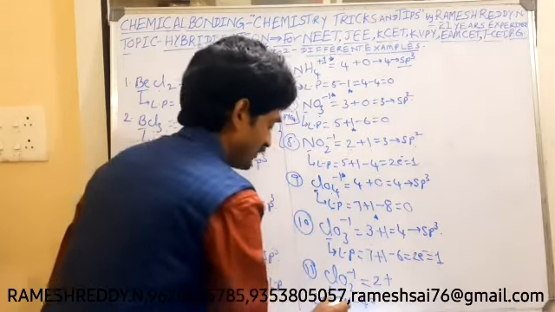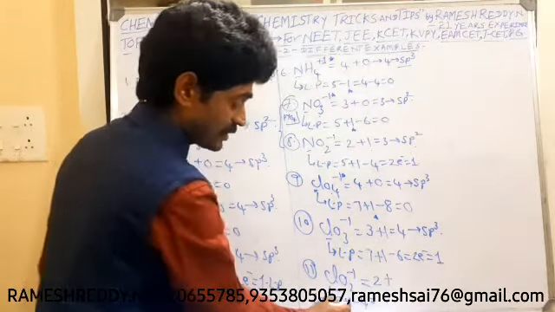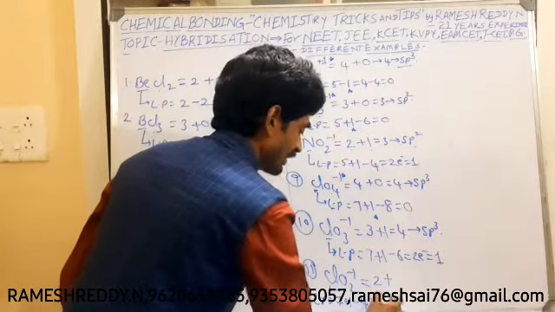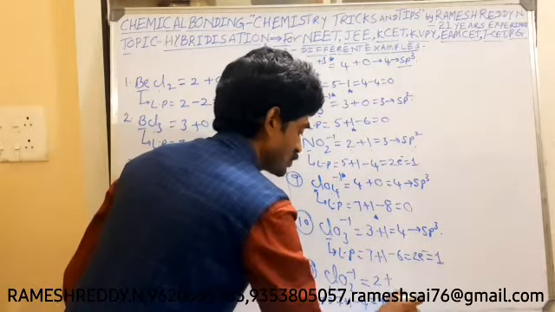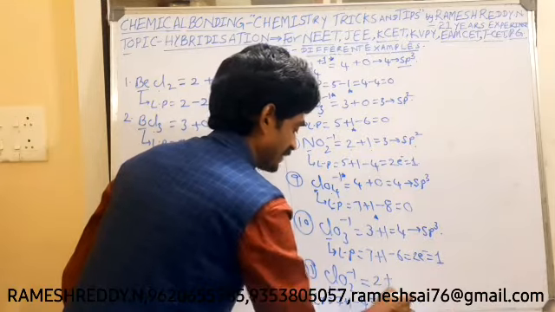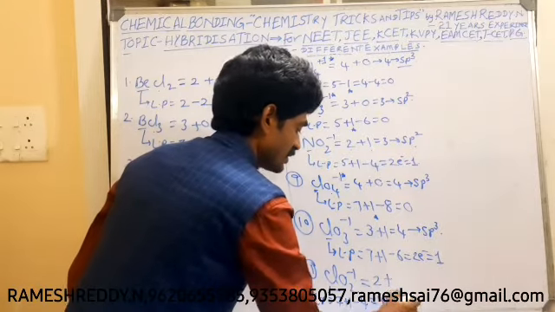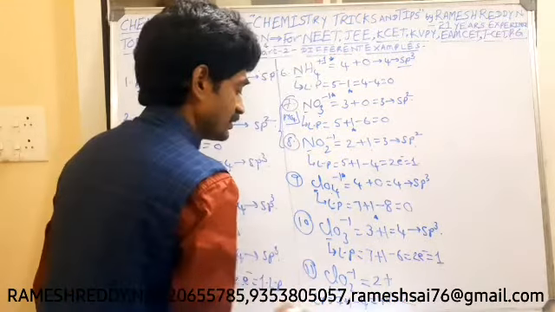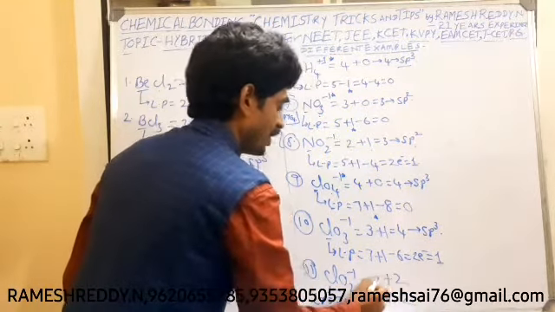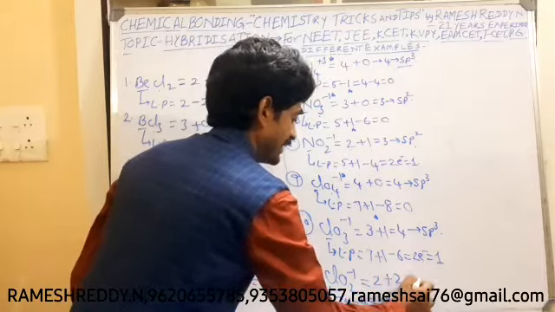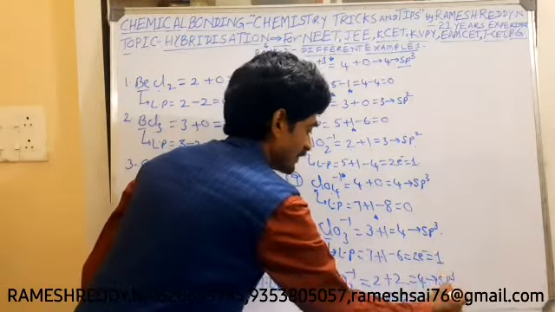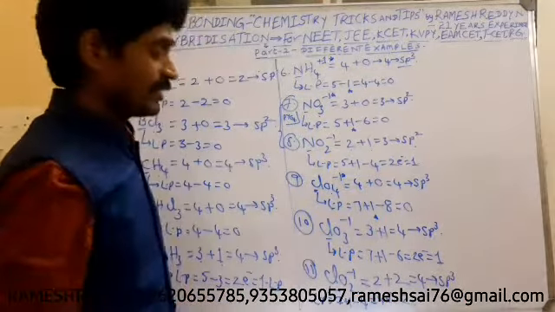Then you get 7 plus 1, 8, minus 4, 4. So 4 electrons means how many pairs? 2 pairs, 2 lone pairs are there. Okay, my dear students, this one has 2 lone pairs. Then you have to add that value here. Bond pairs 2, lone pairs 2, totally 4. Then the ion undergoes sp3 hybridization. Okay.